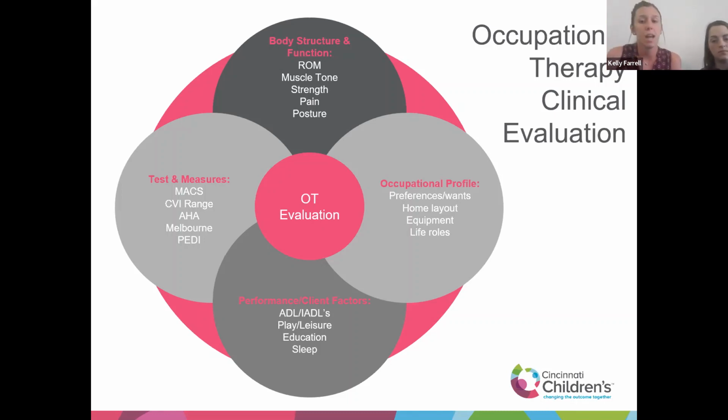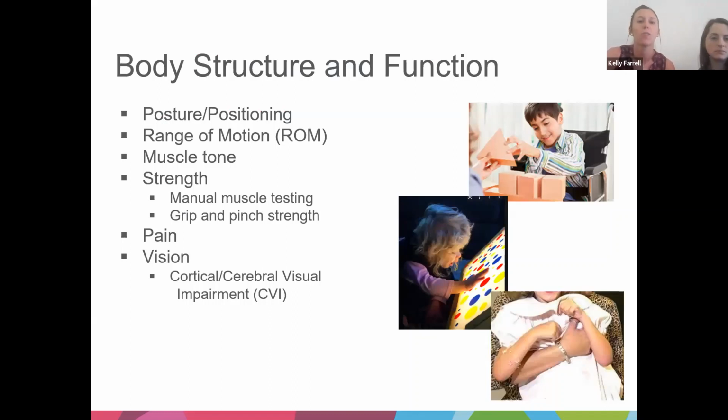And we're again using that ICF model to get that whole picture and do that top down approach. And always asking them their history and then going into what their concerns are right now.